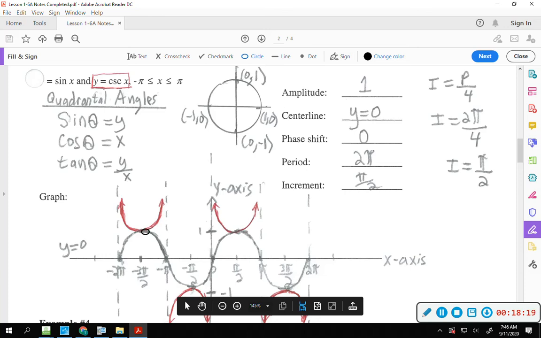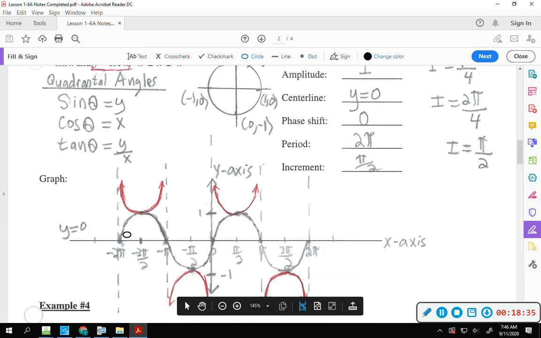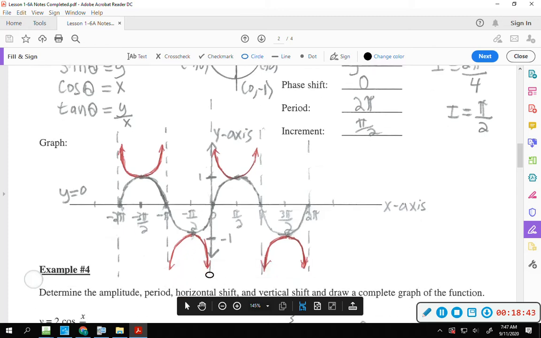Not only that, but the reciprocal of a really small number, a number that's really close to 0, is a really big number. So what happens is we start at these maximum points and they go up, and we start at the minimum points and they go down, because the reciprocal of a really small number is a really big number. The reciprocal of a really small negative number is a really large number in the negative direction.